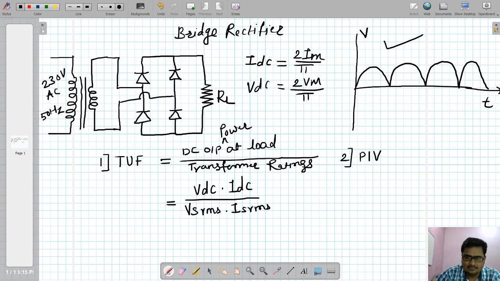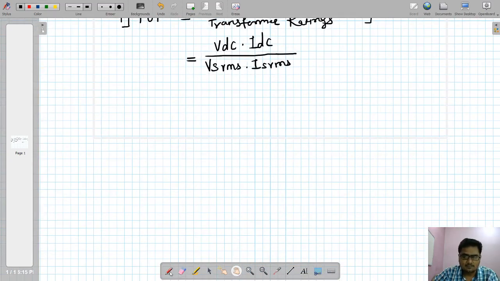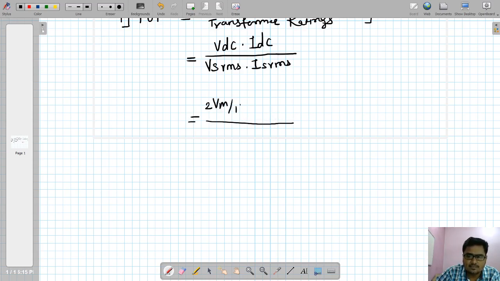Why am I using this S? Because VS means voltage at the secondary, IS means current at the secondary. Now put the values for VDC and IDC and VS RMS and IS RMS. What is the value for VDC? It is twice Vm divided by pi. And IDC is twice Im divided by pi.